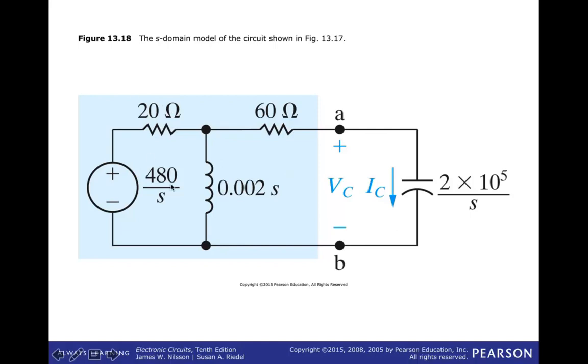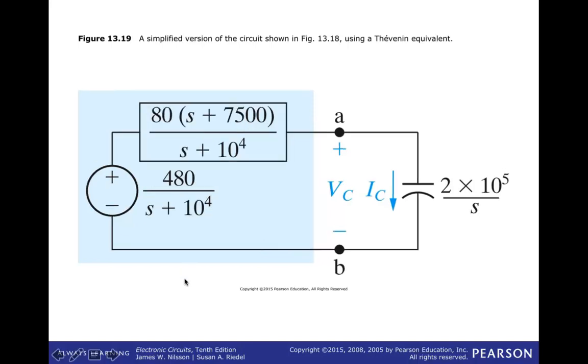That would give you the Thevenin equivalent source. For the Thevenin equivalent impedance, we look into the terminals from the right-hand side toward the left-hand side. The voltage source is killed, so it will be shorted. That puts the 20 ohm and the 0.002s in parallel. So you find the parallel combination of those two and then add it in series with the 60 ohm, and that's your Thevenin equivalent impedance.